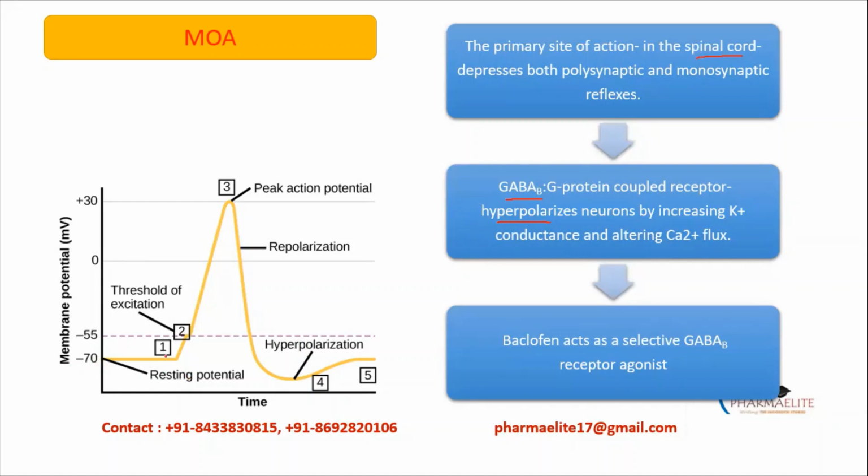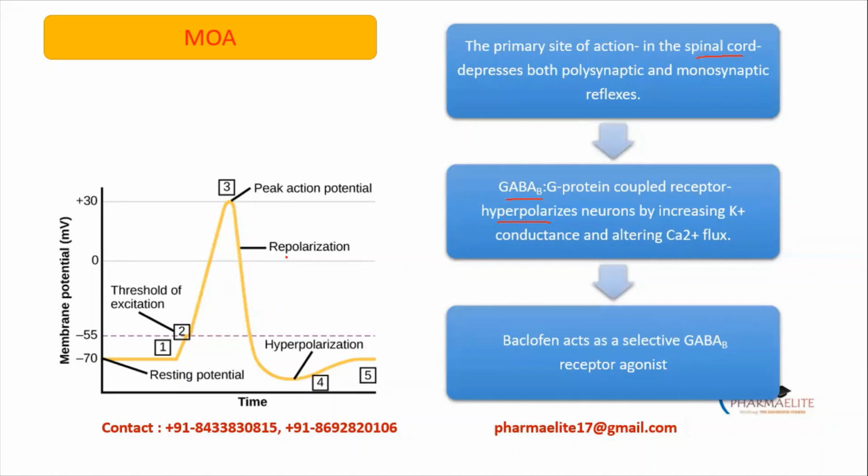When there is a stimulus, the neuron will undergo depolarization, that is sodium channels are opening, so there is increased influx of sodium. Now the neuron is becoming positive, it will attain peak action potential. Then it will undergo repolarization.